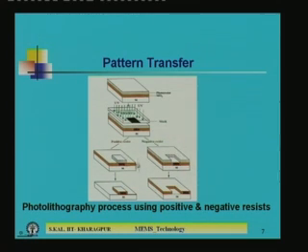So, now during etching of the silicon dioxide, because this particular region is covered with photoresist, silicon dioxide can be etched only where it is uncovered. Similarly, here the red region is the silicon dioxide, and this is the photoresist.